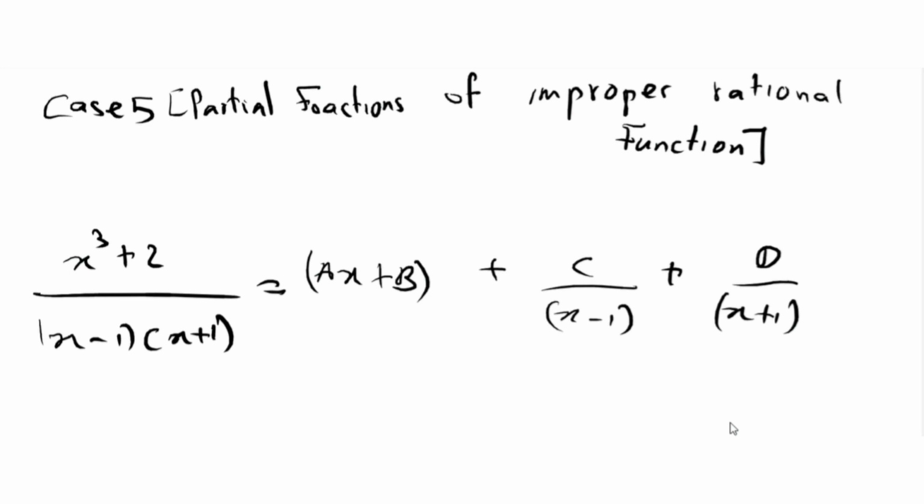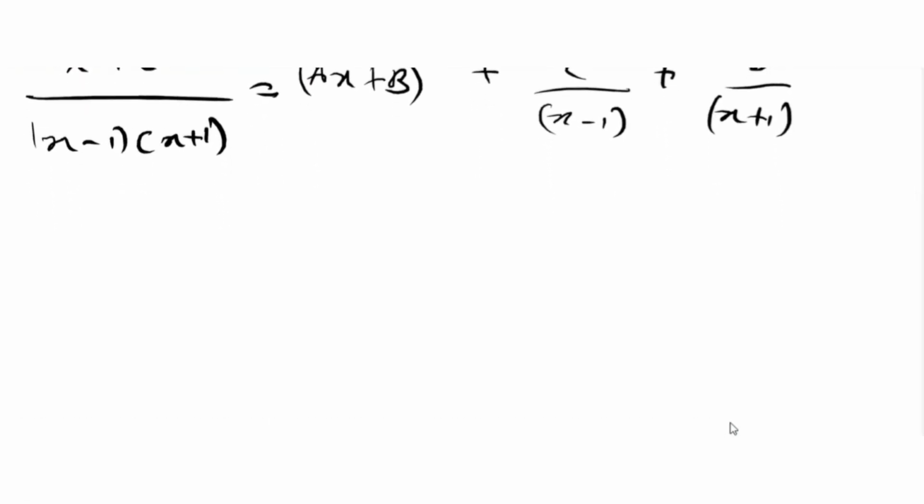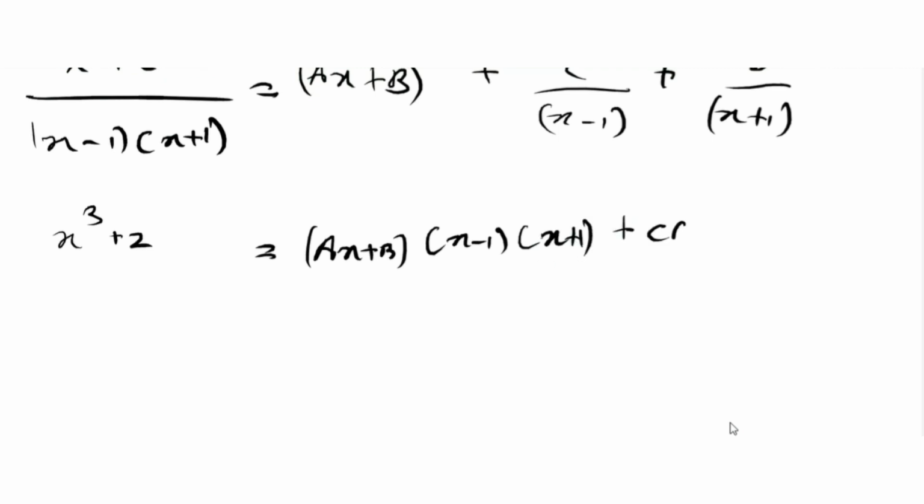So now after this, it's all about solving it. So let's solve it quickly. When we take the common denominator and solve, what we get? Ax plus b times x minus 1 times x plus 1 plus c times x plus 1 plus d times x minus 1.